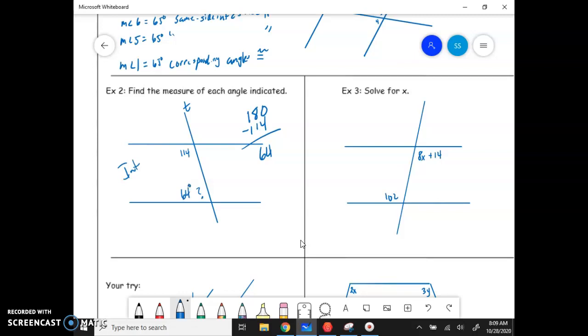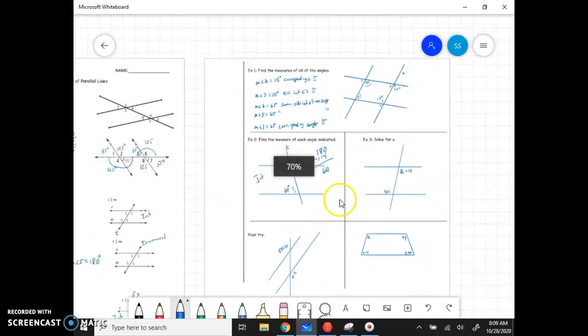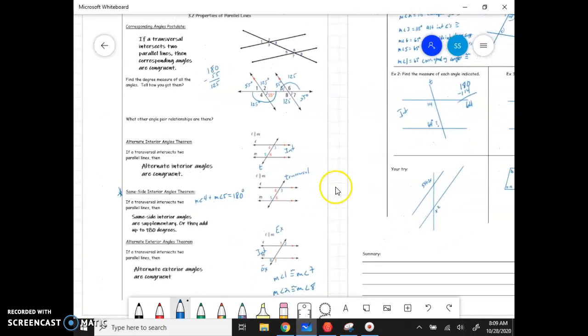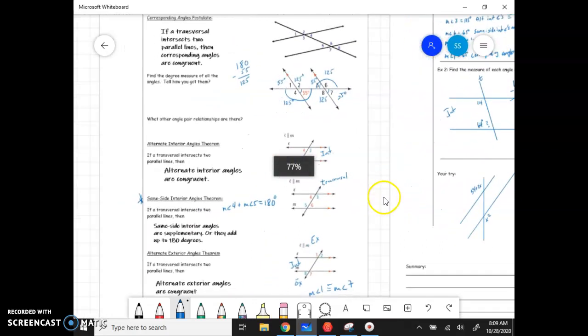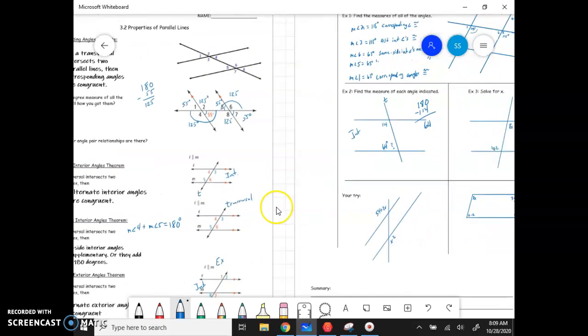All right. And just as a quick reminder, I'm going to bounce over to the other page. We look at these. Corresponding angles, alternate interior angles, and alternate exterior angles are all congruent. The only one that's different, and that's why I put that little asterisk by it, is same side interior angles, and those are supplementary.